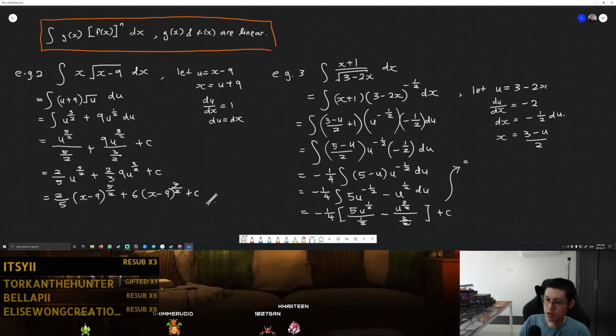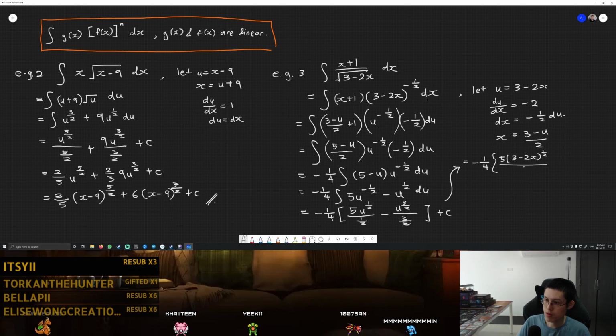And then finally, we're going to put in the substituted u here. So we're going to get (3 minus 2x) to the power of a half. And then, okay, let me just simplify this. So we should get a 10 here.